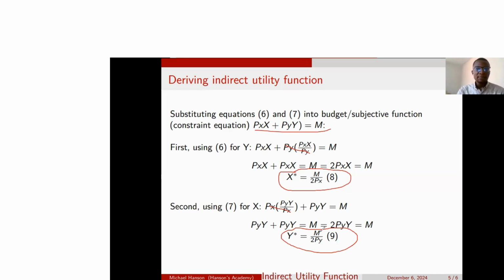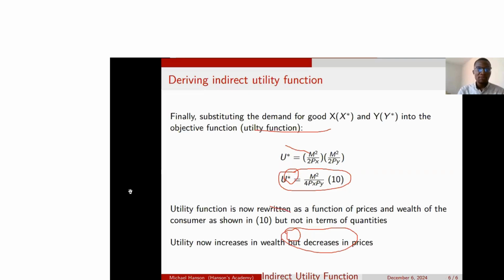Now, since these have become our demand functions, let us substitute these x star and y star into the direct utility function. Doing that means that we are going to transform from a direct utility function to an indirect utility function. And let's see what happens then.